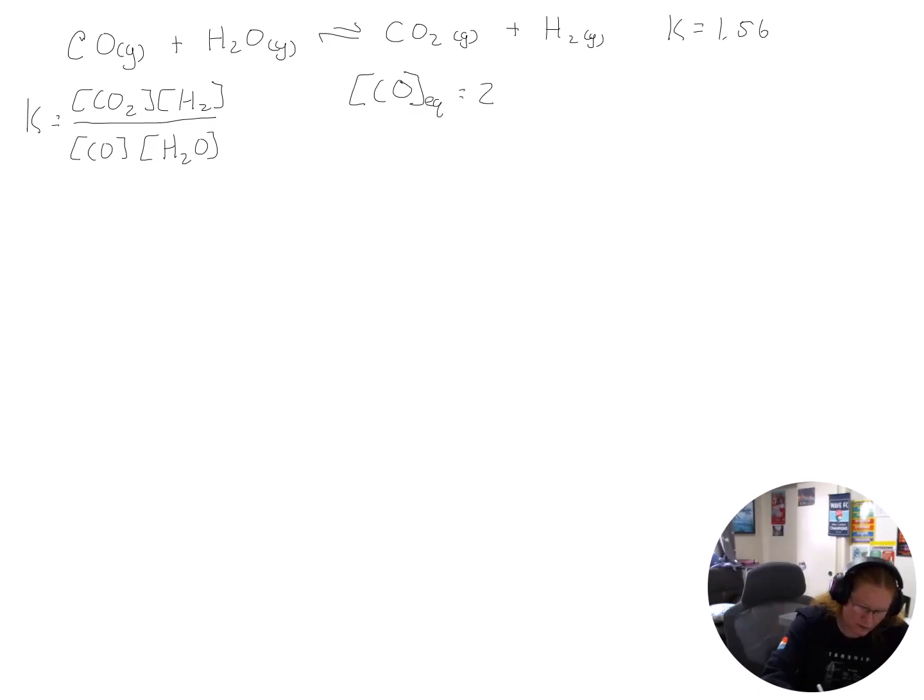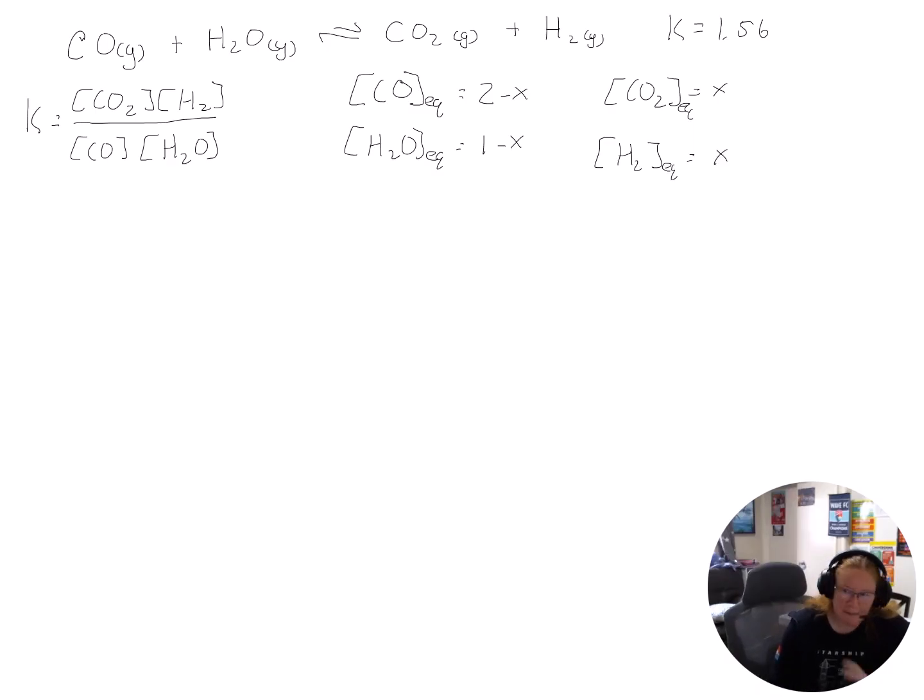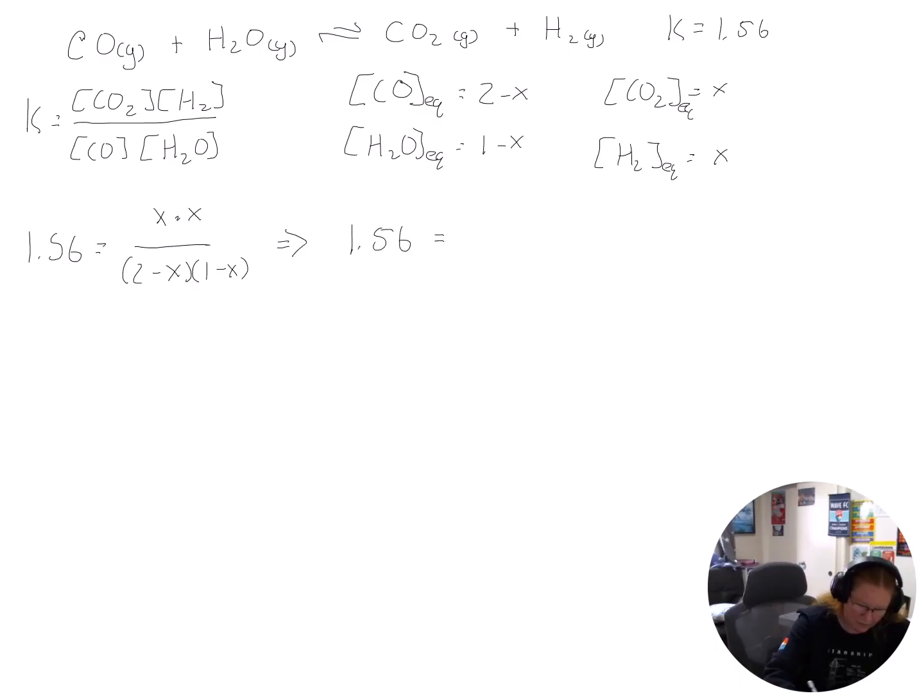Your carbon monoxide is 2 minus X. Your water is 1 minus X. Your carbon dioxide is X. And your hydrogen is also X. So if I plug this into my equilibrium constant expression, I would get 1.56 is equal to X times X over 2 minus X times 1 minus X. Okay, I would end up getting 1.56 is equal to X squared over X squared minus 3X plus 2.